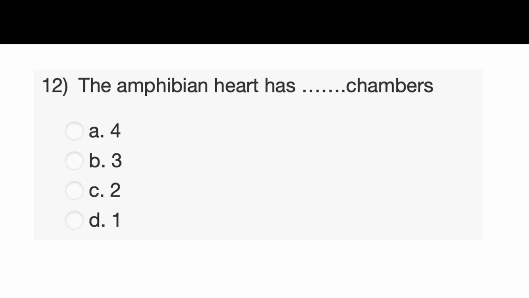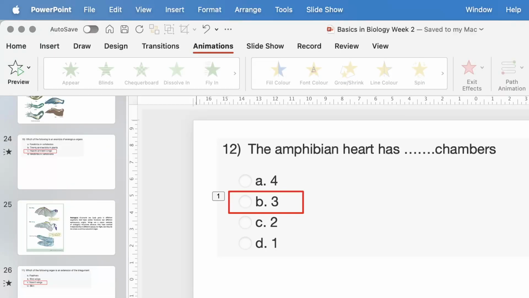Okay, people are saying option B. Is it option B? Amphibian. Okay, just a minute.